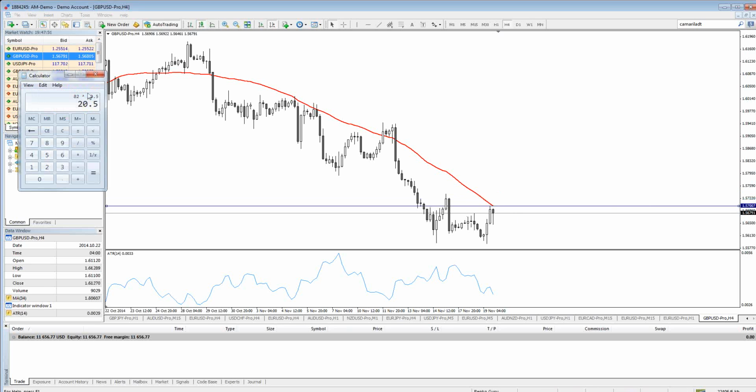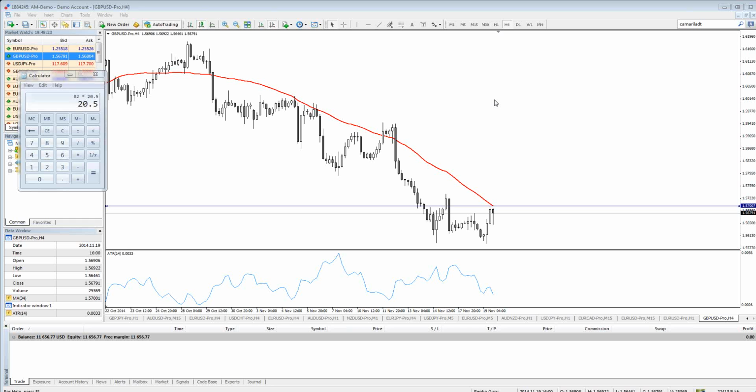How to calculate it? 56 plus 26 plus 26 is 82. 82 times 25% is 20. You add 1 pip of spread, so 21 pip stop loss if this candle closes below. But as I say, this is FOMC, so you need to be careful. So this is how you would do it, okay? Like this.